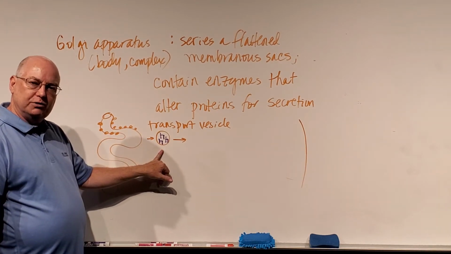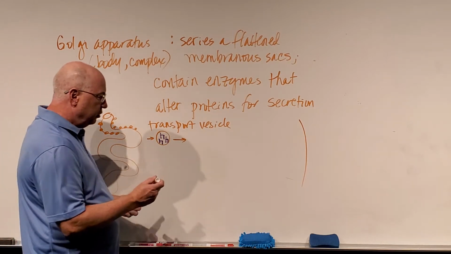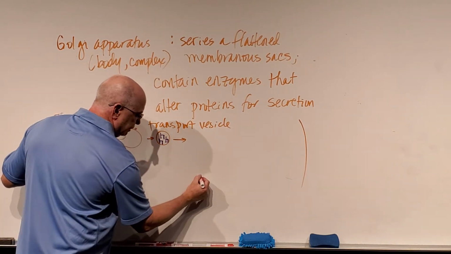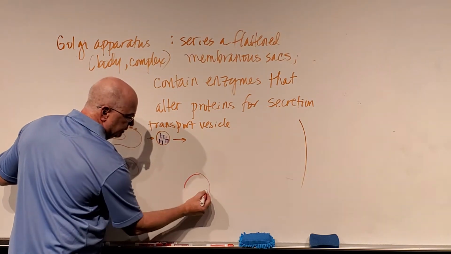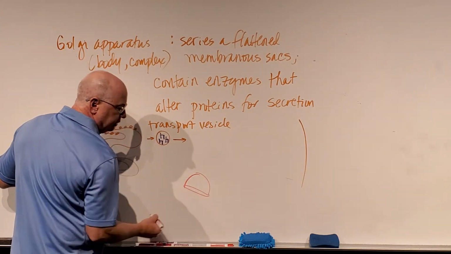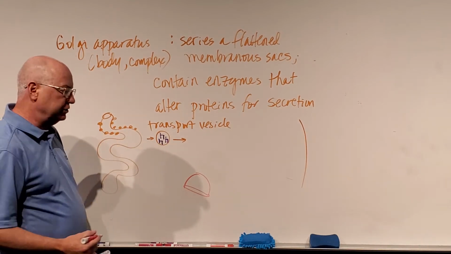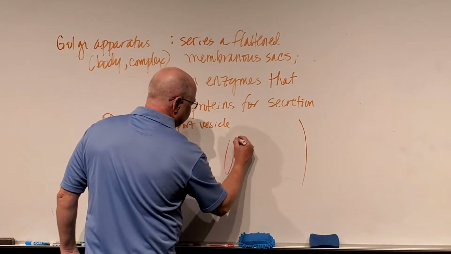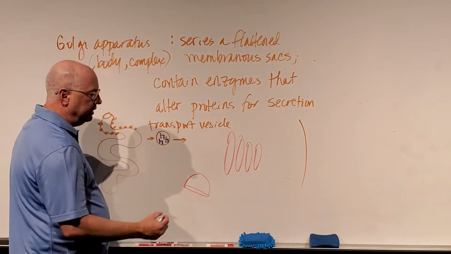You're going to transport the package, but before we send it out of our factory, we have these little disc-like membranes. If I slice one open like this, it's a little disc-like sac of membrane, almost like little pancakes, so to speak. And so I have this series of flattened membranous stacks, like a little stack of pancakes.